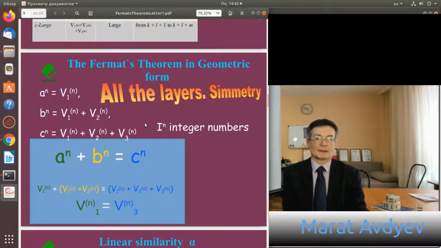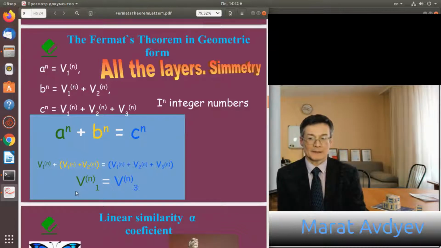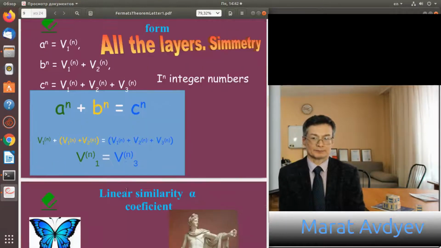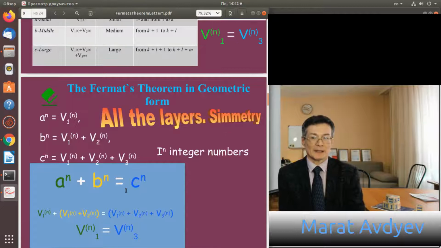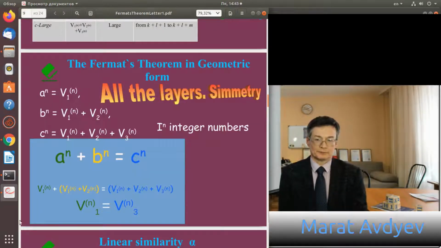All this in I power n, integer number space, an analogy of real number space Rn. This is the necessary condition. All the layers should be continuous and full.